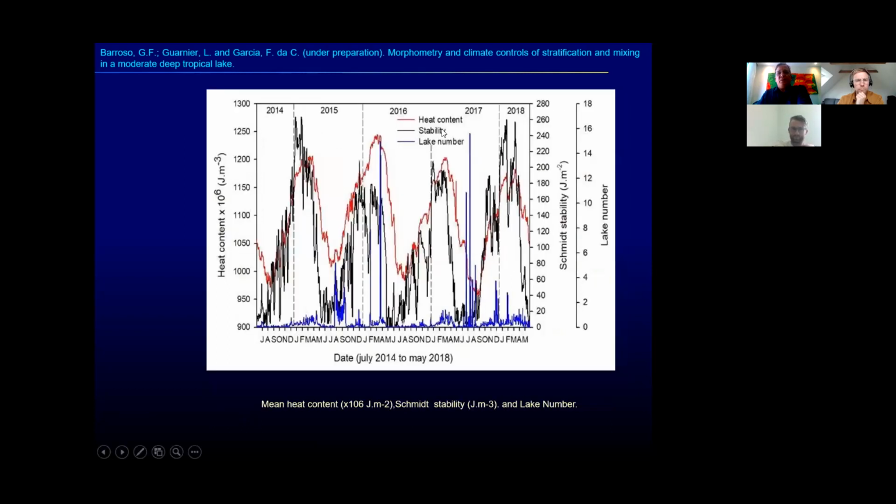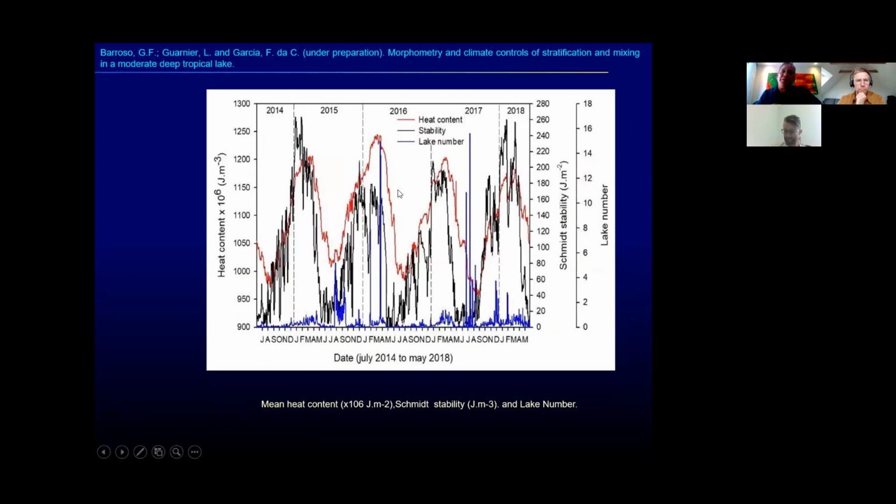And then the heat content, stability, and Lake Number, showing us that the highest stability happened from the end of 2015 to early 2016. That was the most intensive and dramatic event.